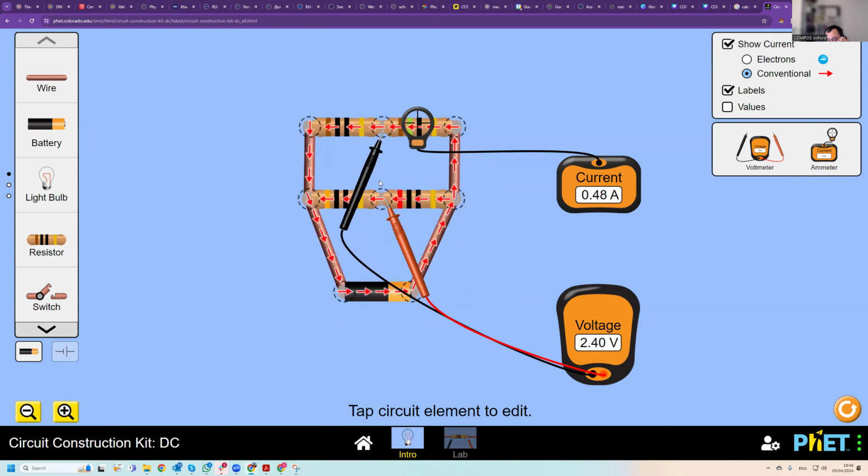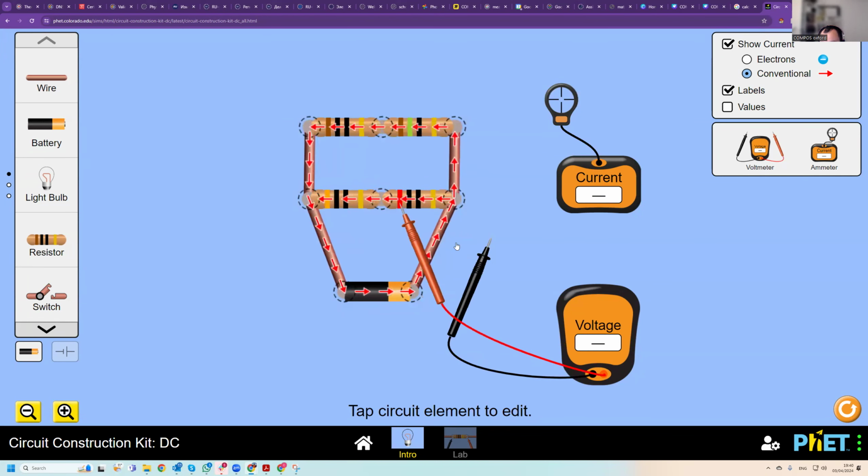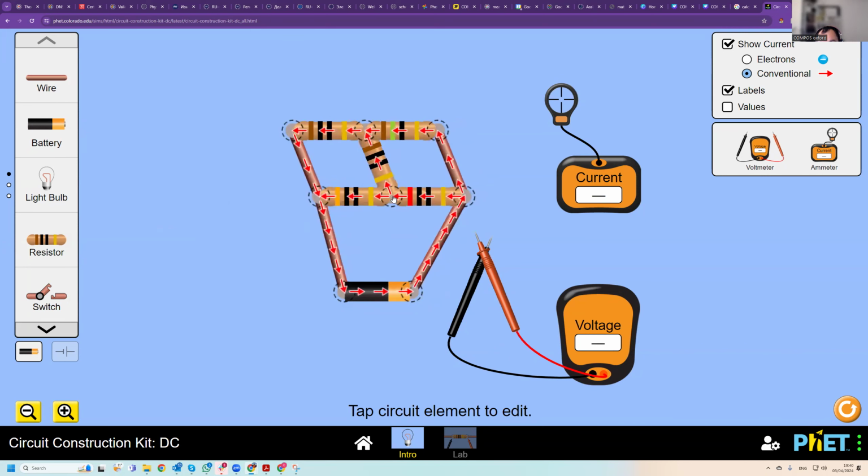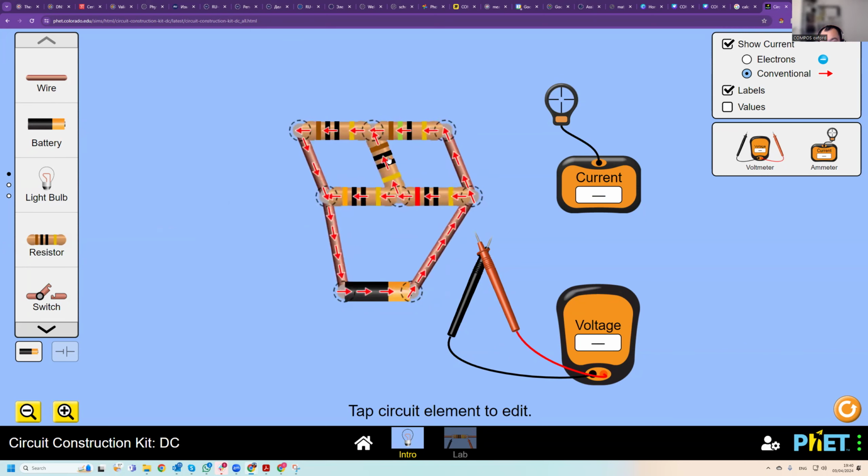So if I introduce a resistor in here, in between, the current will flow from bottom to the top because the potential at the bottom is higher. So this is high potential, low potential. And let's see if that is true. The current will flow upwards, and it did. Now, what if I just introduce a wire?